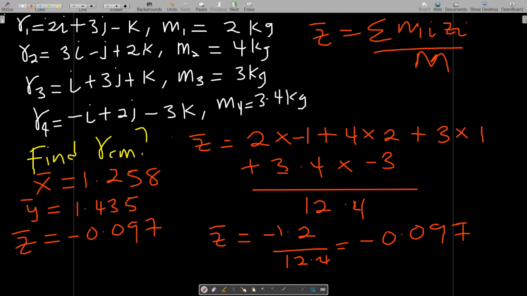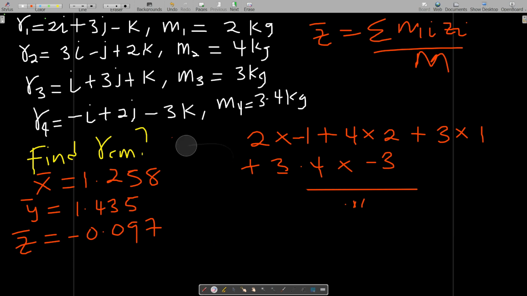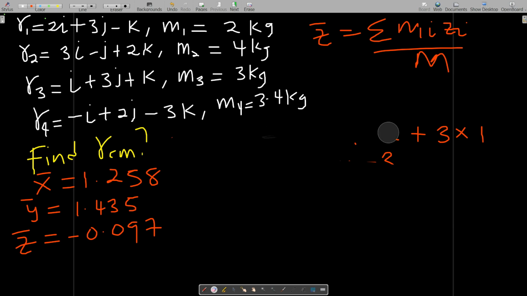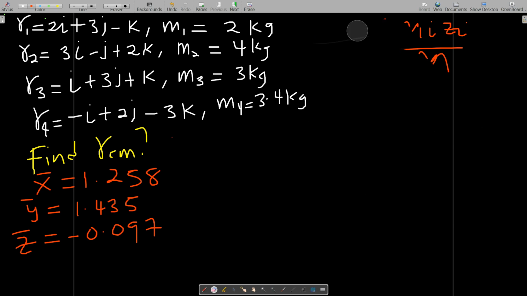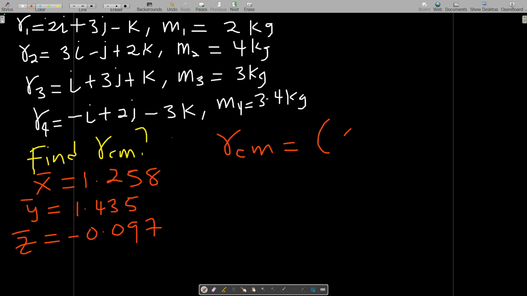Alright, so these are my x bar, my y bar, and my z bar. So what will be my final answer? If you remember, I first said that our R_CM, or center of mass, is equal to x bar, y bar, z bar.